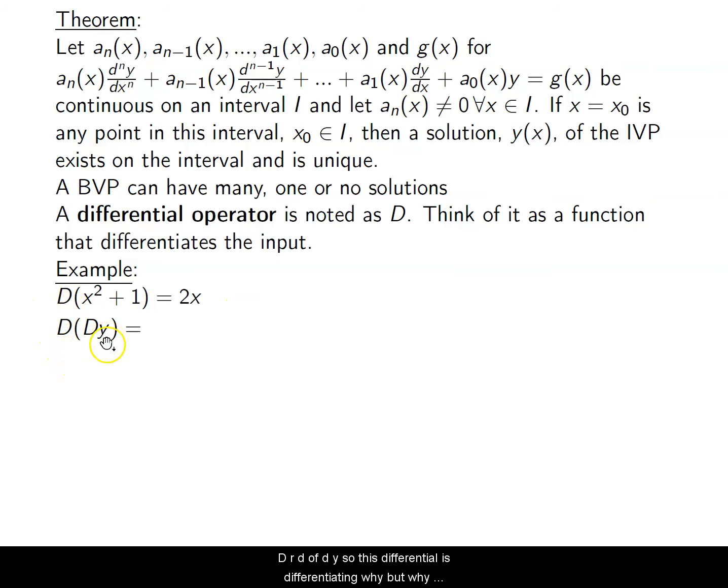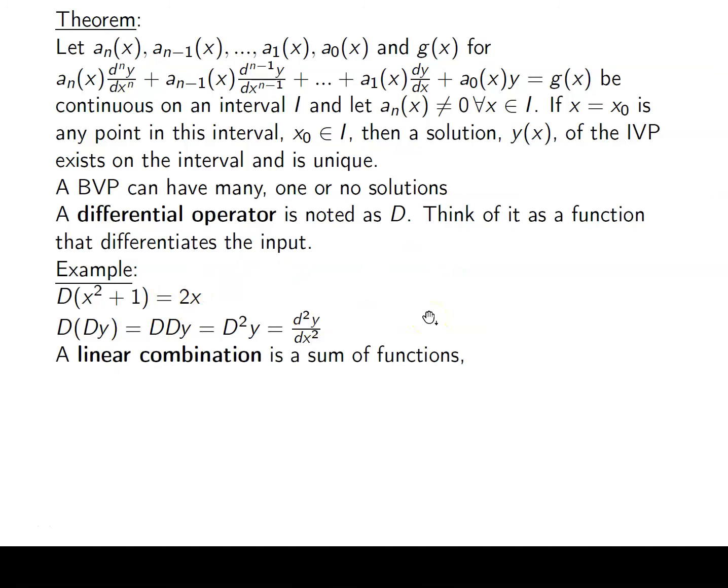Here, D of y is differentiating y, but y is generally a function of x, so this isn't going to turn into just 1. If I multiply D times Dy, plugging in a function that I'm already operating on, it's like I multiplied the operators. So I'm getting D squared y, which is the second derivative of y with respect to x. You're familiar with how differential operators work; it's just a notation you're going to have to get used to.